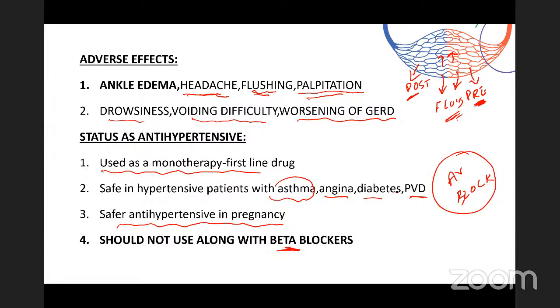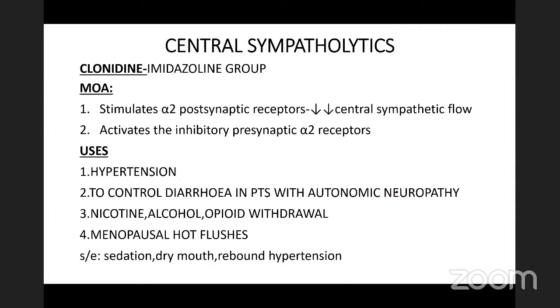The next group of drugs is central sympatholytics. The most important drug is clonidine. It belongs to the imidazoline group. What is the antihypertensive mechanism of action? How does it reduce the BP? Clonidine has agonistic activity at alpha 2 receptors, basically alpha 2A. These alpha 2A receptors are mainly located in the vasomotor center in the brain, postsynaptically.